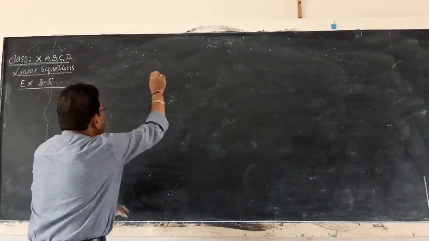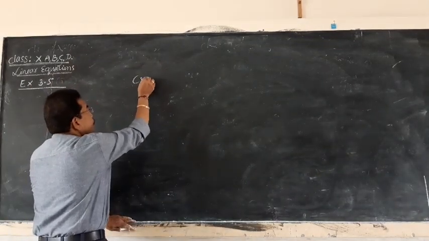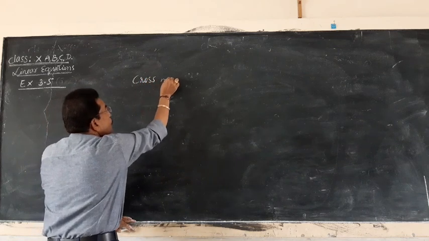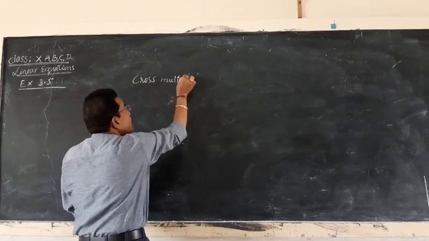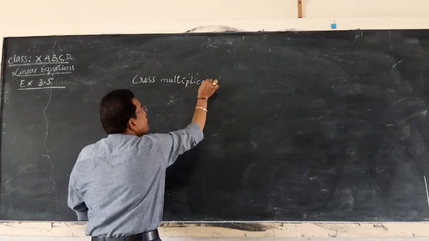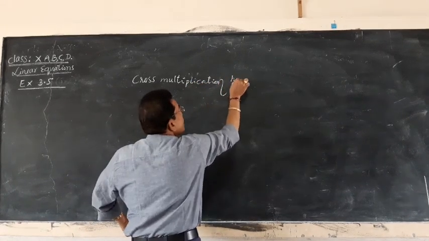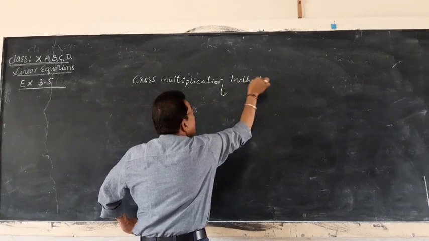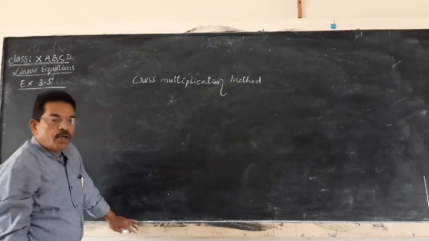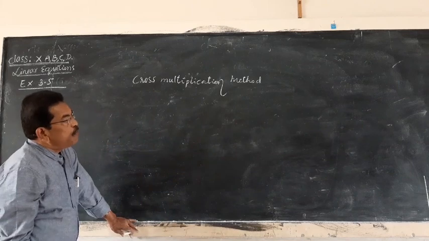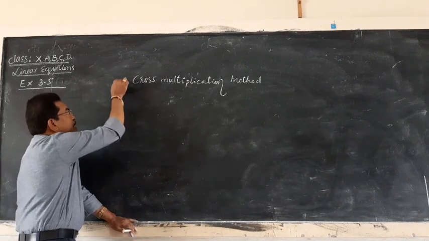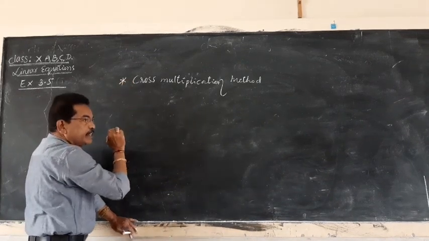See, what is that cross multiplication method? We know the general form of a pair of linear equations.